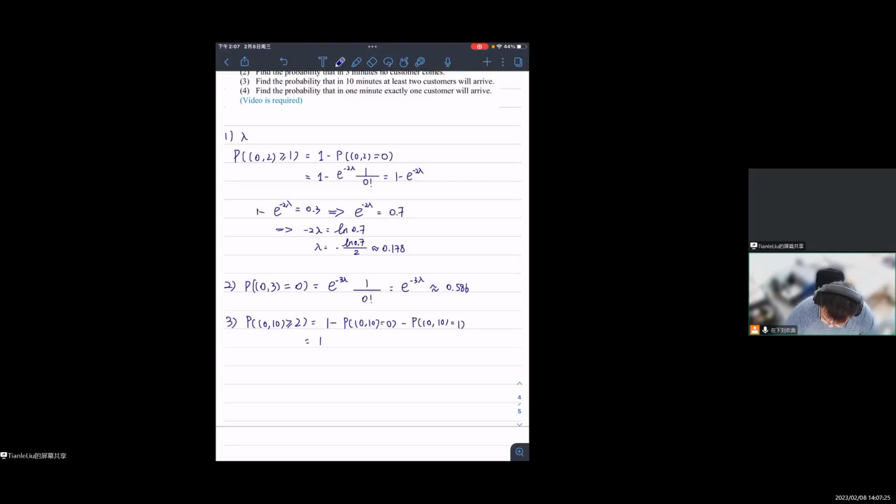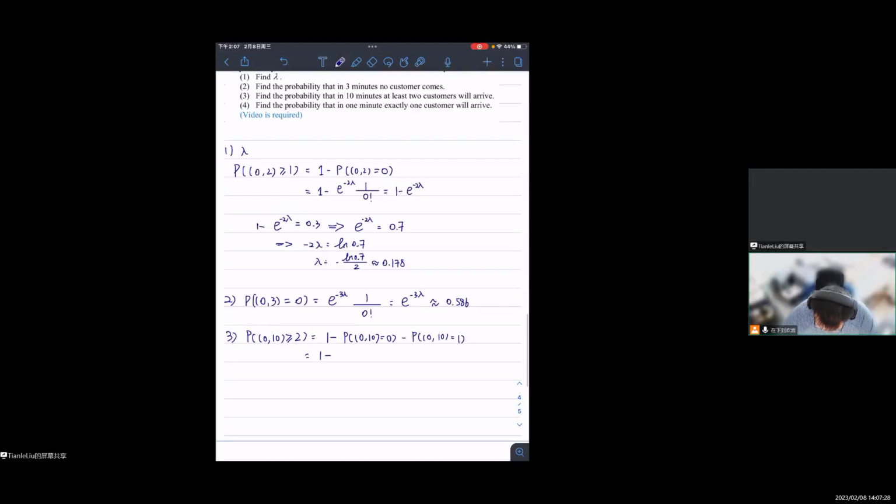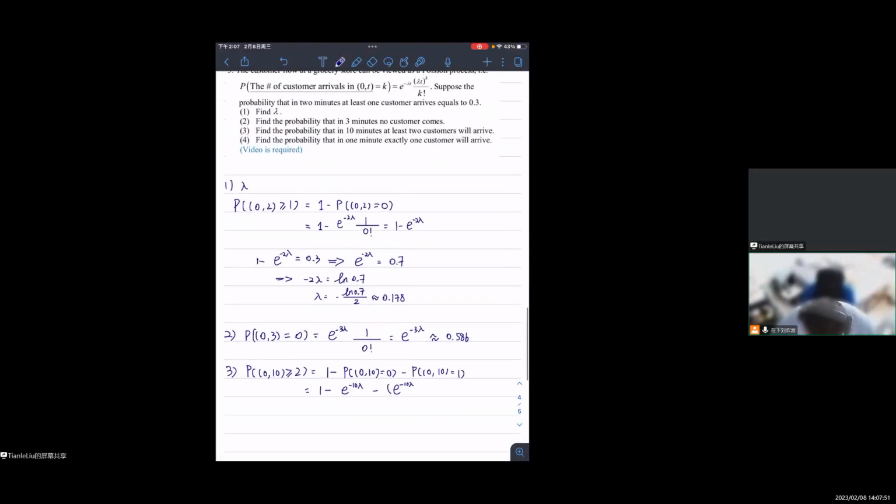The first one is quite obvious: it's e to the power of negative 10 lambda, because k equals 0. For the next one, we have e to the negative 10 lambda, and the factorial of k, with k equals 1, is still 1, but we now have to multiply by lambda t, which is 10 lambda.